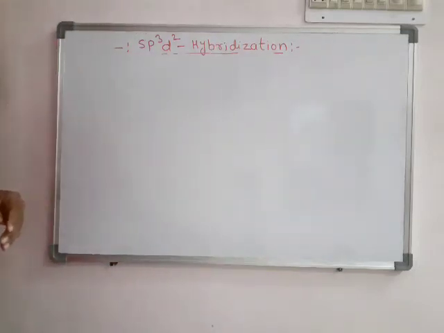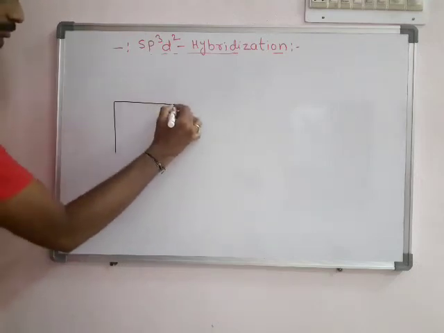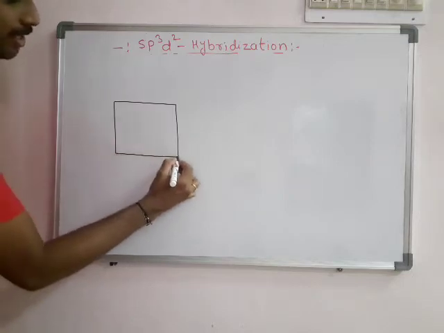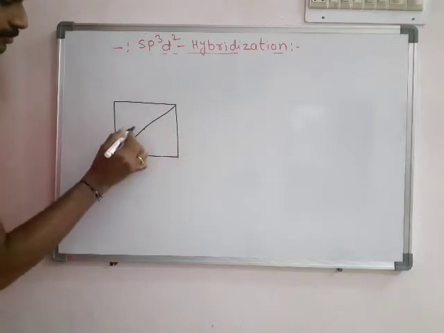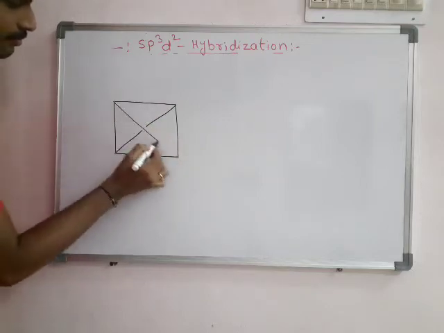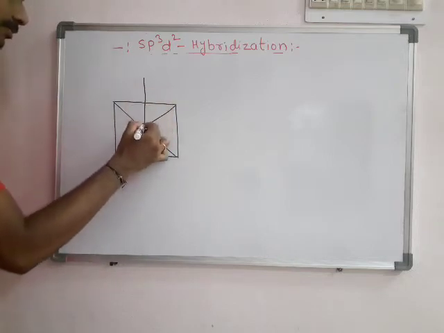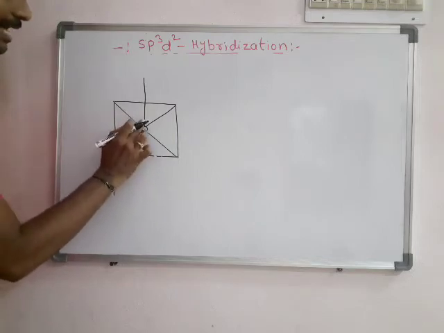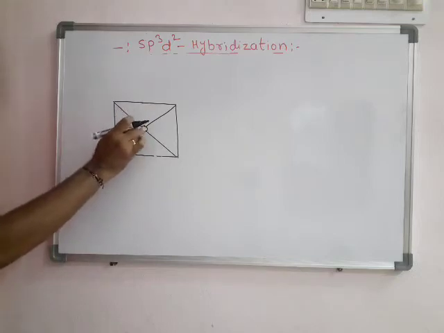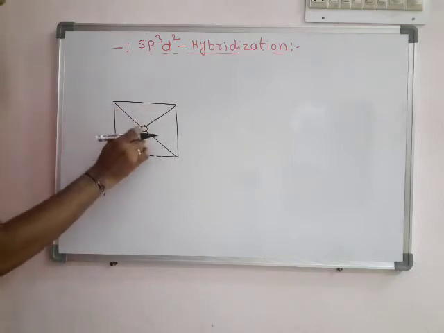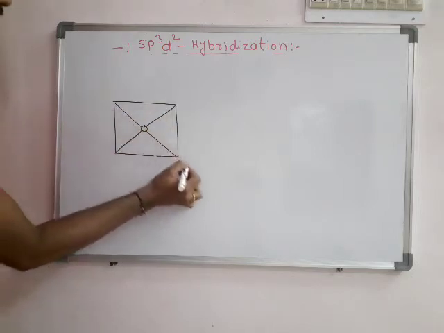The octahedral shape is like this. It is a square planar arrangement. These 4 are exactly present in a single plane. These 4 sp3d2 hybrid orbitals: one is in this direction, this direction, this direction, this direction.